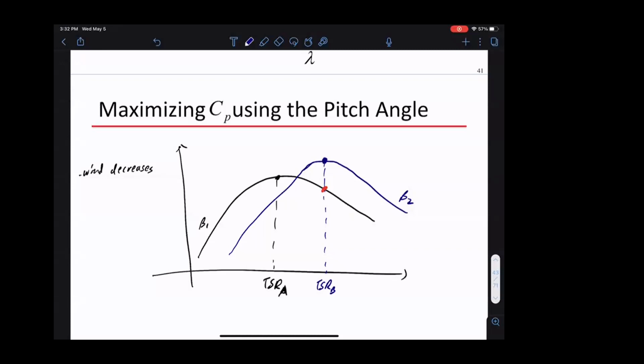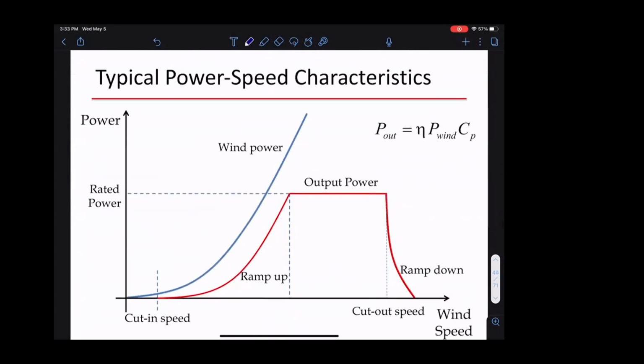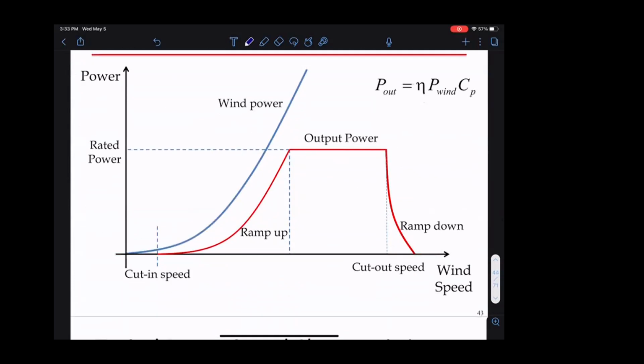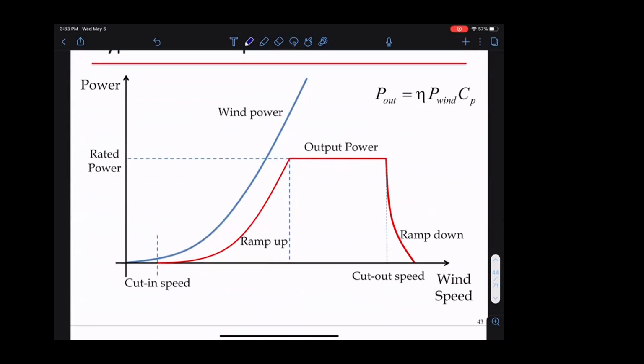All right, so let's keep going with this. As you see, we can change the pitch angle to change the power we generate. For most systems, we want to generate power proportional to the wind power up to a limit.